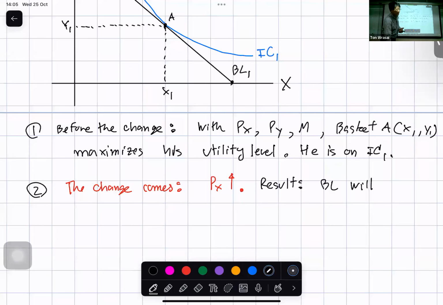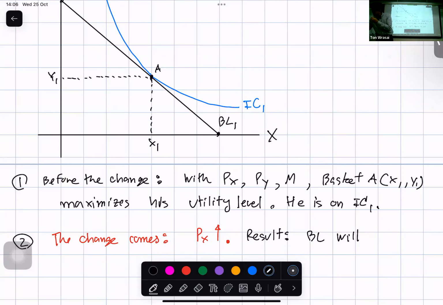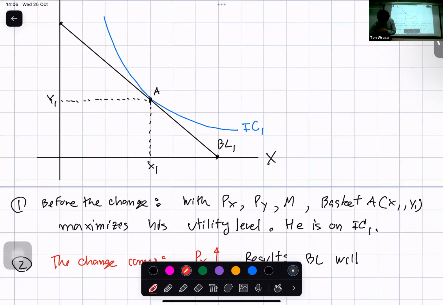Yeah, draw it. Oh, it swings inward, right? Confident? Yes. Right. The budget line swings inward. It becomes steeper. Name it BL2.